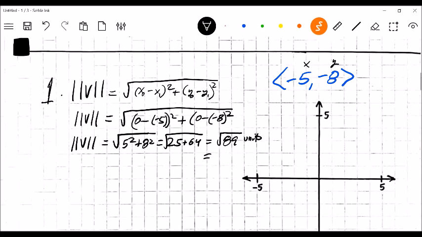And then our calculator gives us 9.44 units, and that's why I use the approximation. I need to write that so it's easier to see for both of them: approximately 9.4 units.